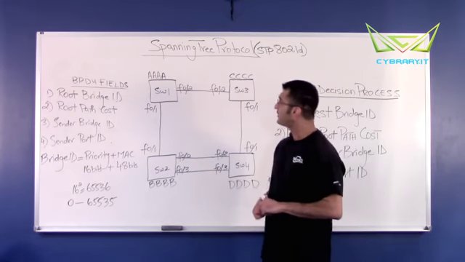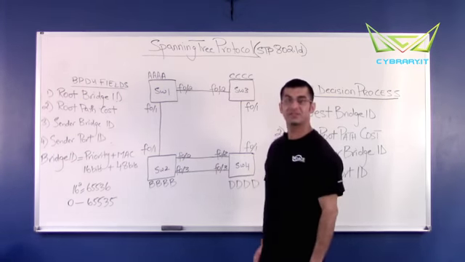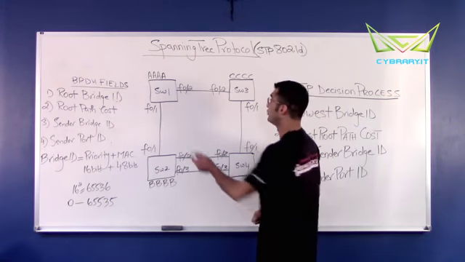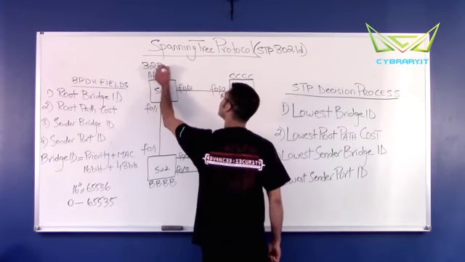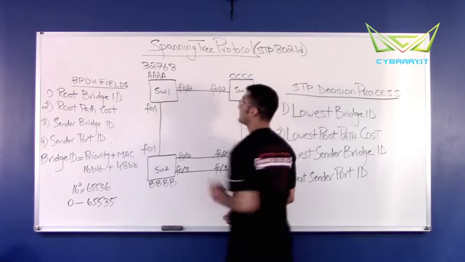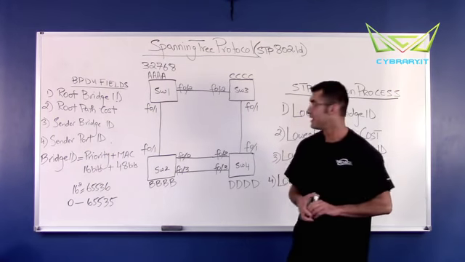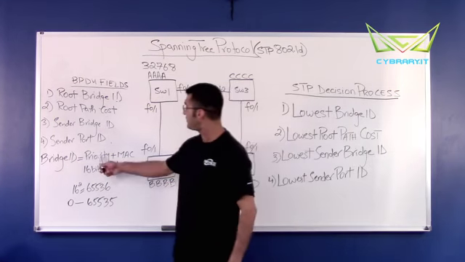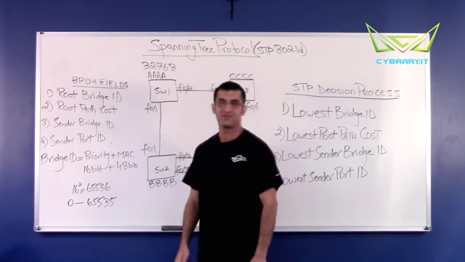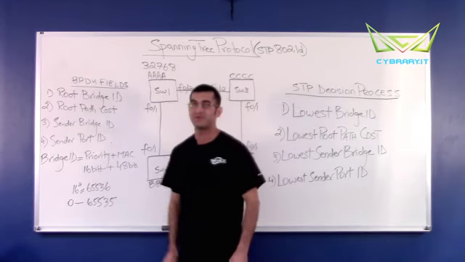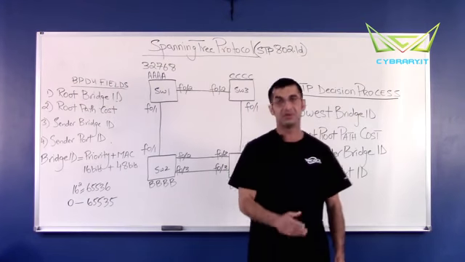The priority field for each Cisco switch is set to 32768. So every switch has a bridge ID with the priority field set to 32768. How did they come up with 32768? Simple, 65,536 divided by 2, smack in the middle.